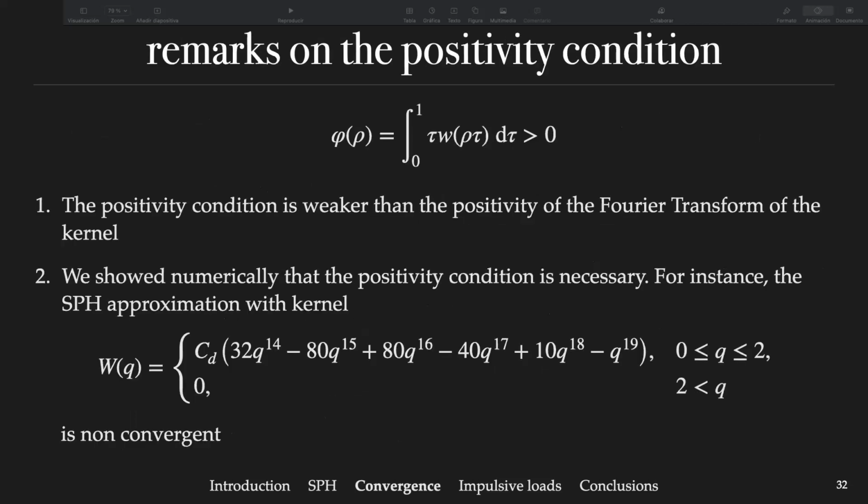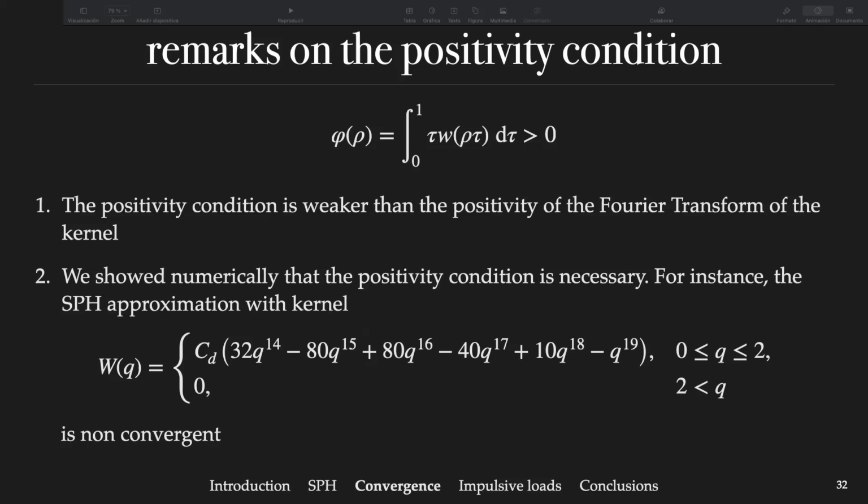So, two remarks about the positivity condition. First, note that this condition is weaker than asking the kernel to have a positive Fourier transform. Note in particular the cases with positive Fourier transform, like for instance the well-known kernels, provided that this integral is computed from 0 to 1, so everything is positive here, so the condition is automatically satisfied.